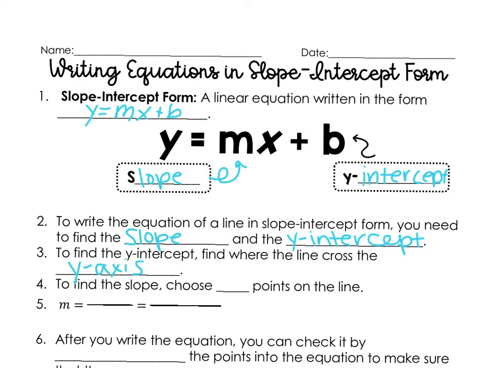To find the slope, you are going to choose 2 points on the line, and just like we have been doing, you're going to count the rise over the run. Or you could do the slope formula, which is y2 minus y1 over x2 minus x1.